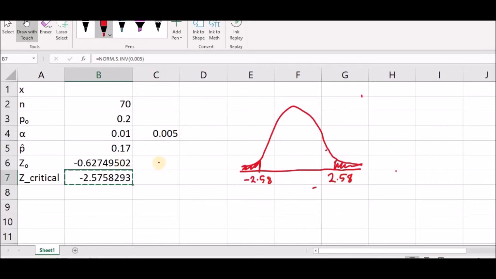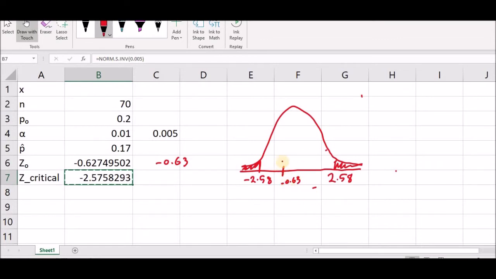Now Z0 is negative 0.63. Negative 0.63 is bigger than negative 2.58, and it's going to be here somewhere. Let's say this is negative 0.63.